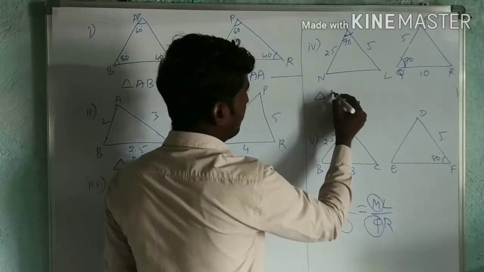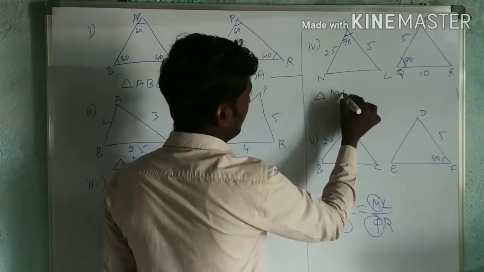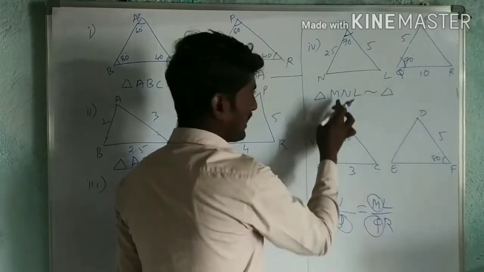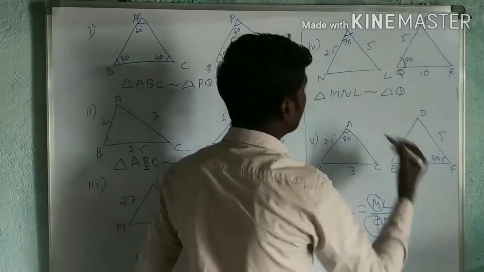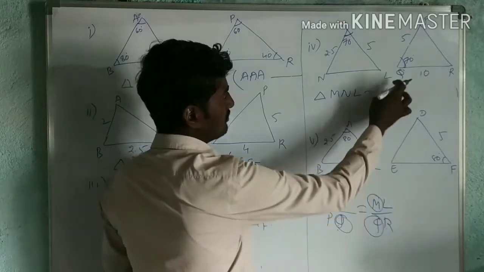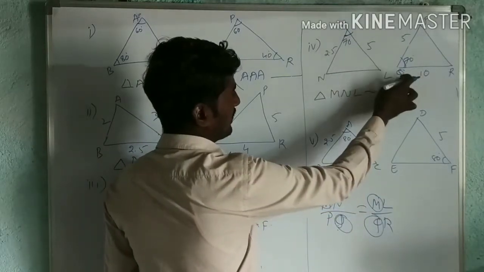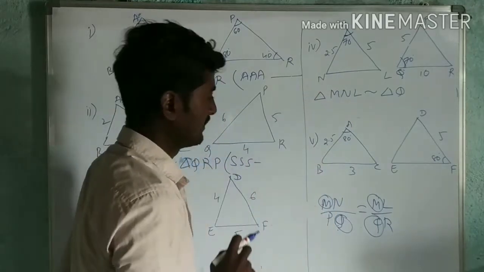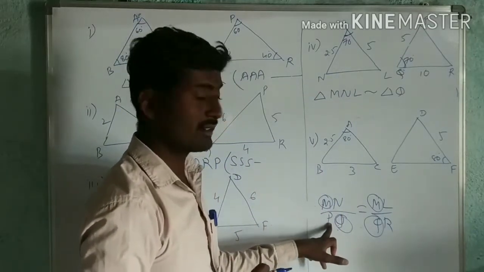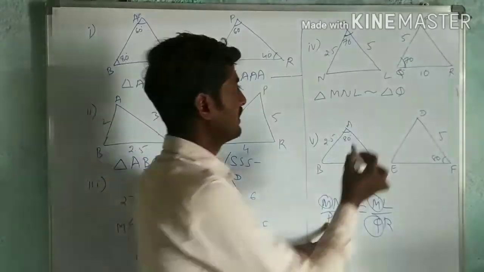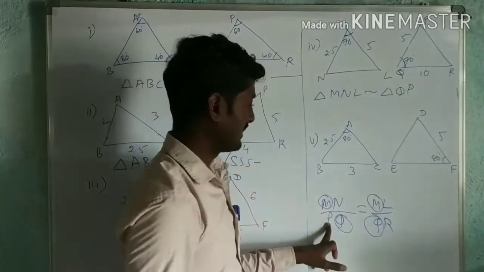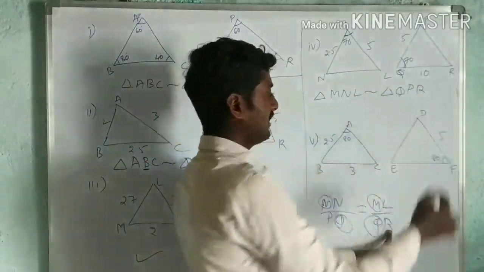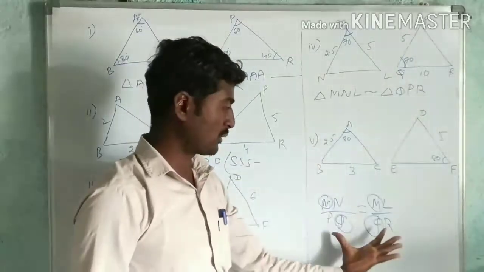Triangle MNL similar to triangle, for M I must take Q. Then N, so for N I have to take P. Then L, for L I must take R. So if you are not getting how to write, first you write the ratio.